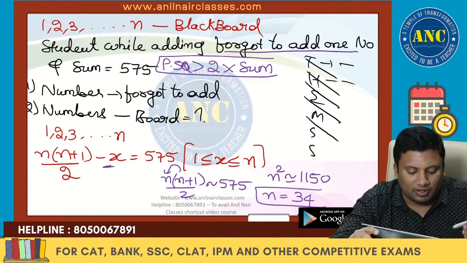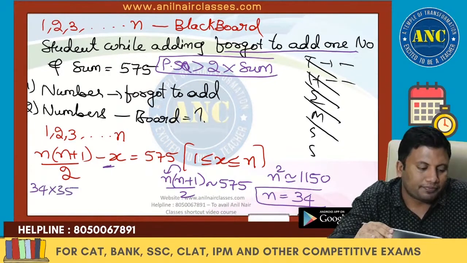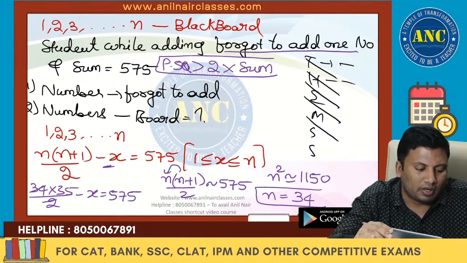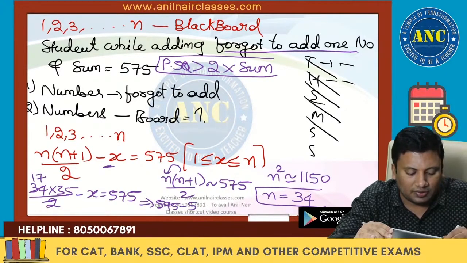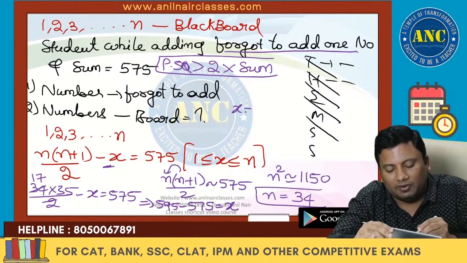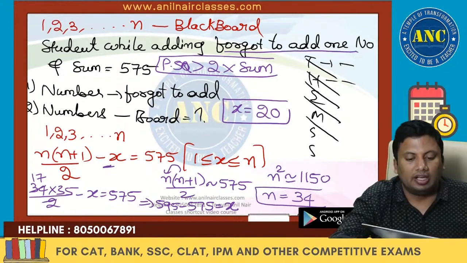Both the values will not be satisfied. 34 into 35 by 2 minus x is 575. 2 17s are 34, so this is nothing but 595 minus 575, it is x. The number which the student forgot to add is 20.